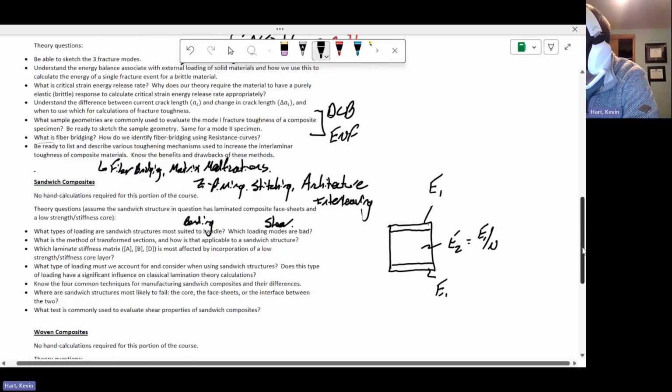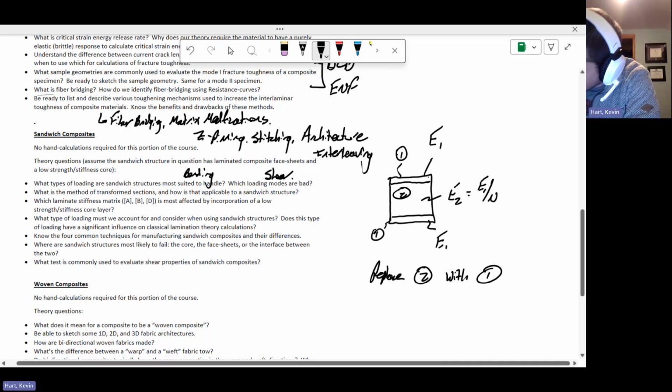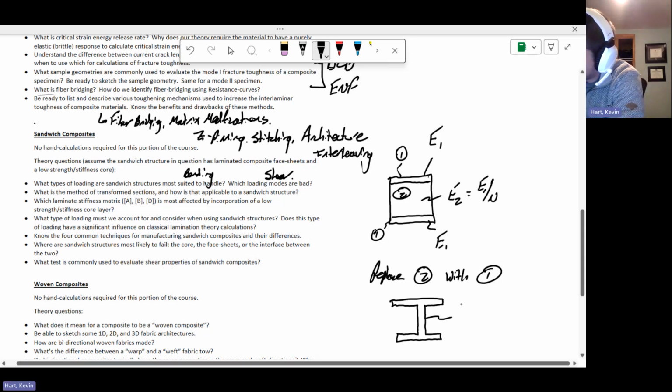So I could replace the center material 2 with 1, right? If this is 1, this is 1, and this is 2. If I wanted to replace 2 with material 1, then I would need just a thin web in the center that had a width of, okay, if the total length here is h, then this is h over n is all I need.